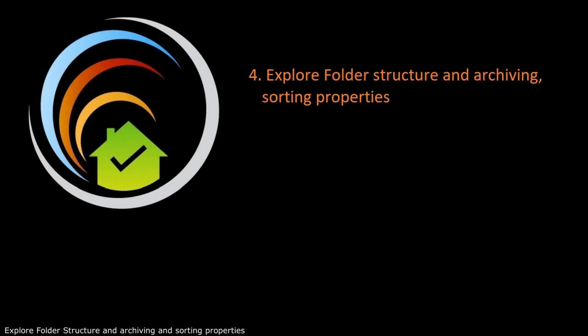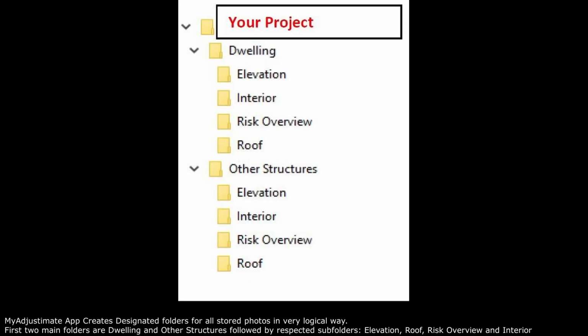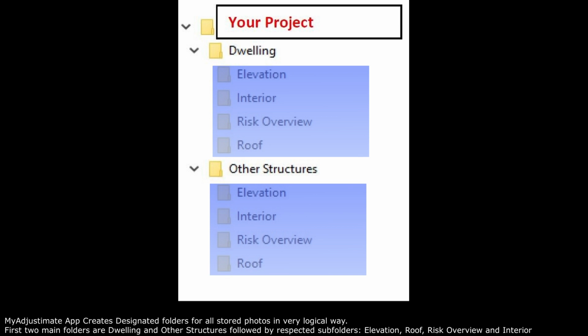4. Explore folder structure and archiving, sorting properties. The MyAdjustimate app creates designated folders for all stored photos in a very logical way. First two main folders are Dwelling and Other Structures, followed by respective subfolders, Elevation, Interior, Risk Overview, and Roof.